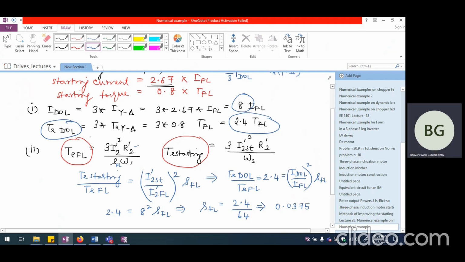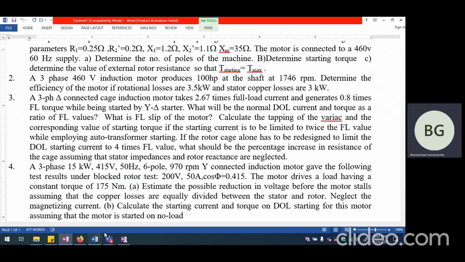Okay. Now, the next one that is being asked, let me just look at the word file. It says, calculate the tapping of the variac. Variac means auto transformer. So calculate the tapping of the auto transformer and the corresponding value of starting torque if the starting current is to be limited to twice the full load value while employing auto transformer starting.